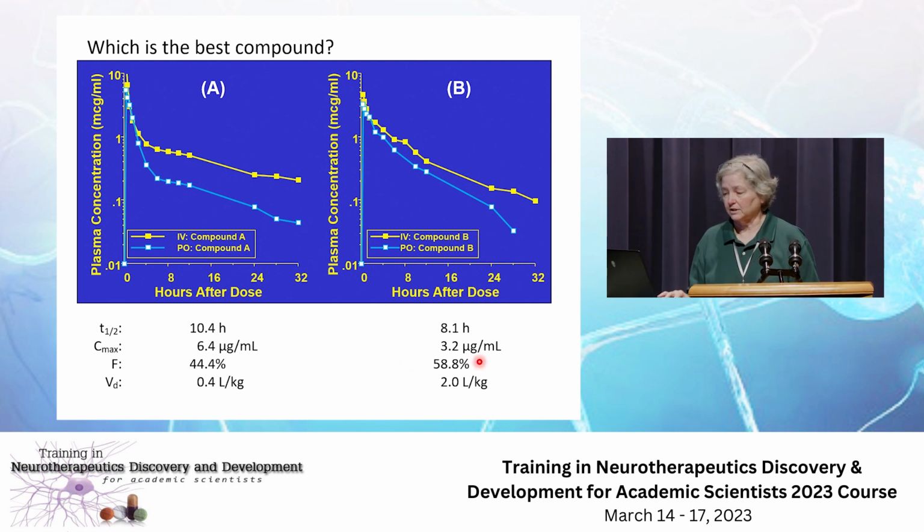If you have a target that you need tissue distribution, and for neuroscience compounds, we need tissue distribution because we need it to get to the brain, then you would like your compound to look more like B. But my point is, know where you need the compound to be. Understand your target, and then you can better interpret the pharmacokinetic data that's been presented.